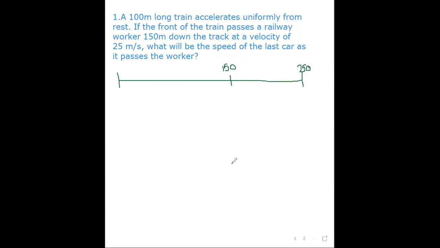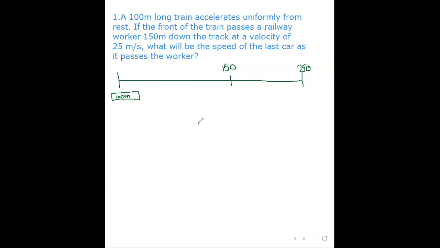So basically a 100-meter long train. Obviously this is not to scale.